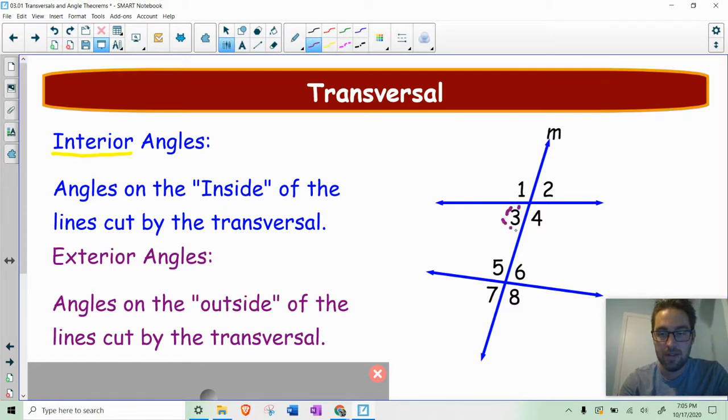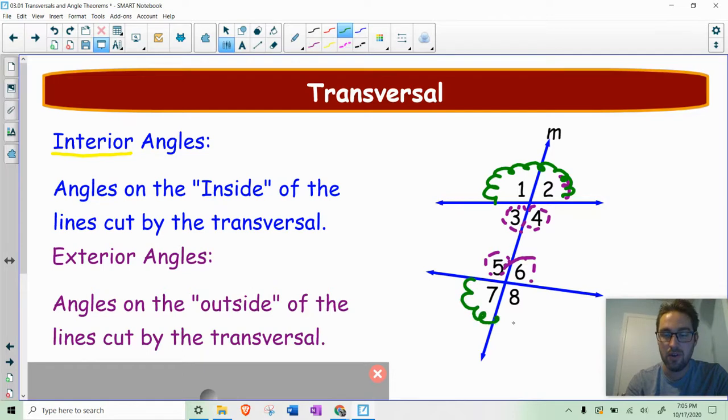Would be these angles here because they are inside the two lines that are cut by the transversal. And then the exterior angles are the angles on the outside of the lines cut by the transversal. So that is angles 1 and 2, and angles 7 and 8. Interior are inside the lines that are cut by the transversal. Exterior are outside the lines cut by the transversal.